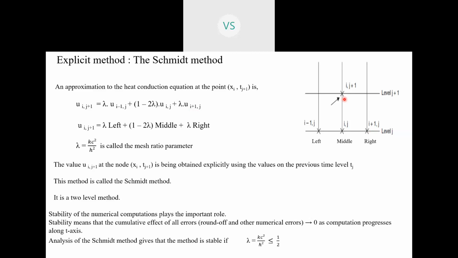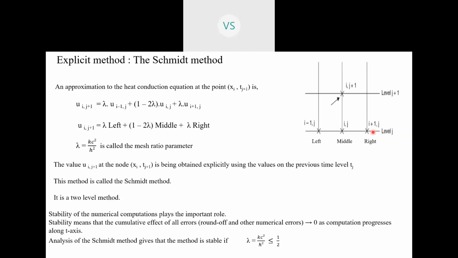So if you have to find the solution at this nodal point, you must know the values at these three nodal points on the level below. All of you are getting what you have to do.